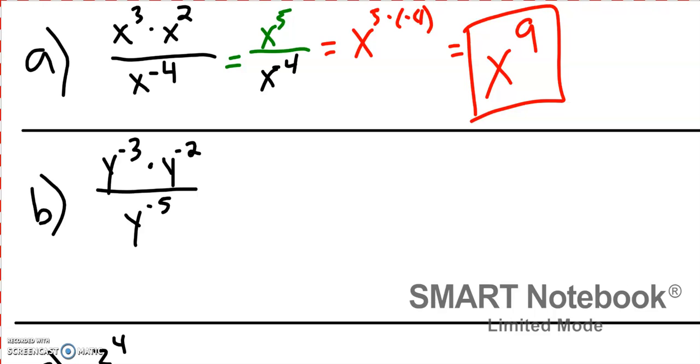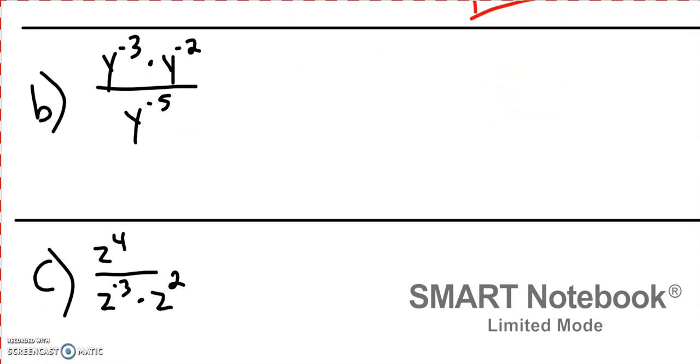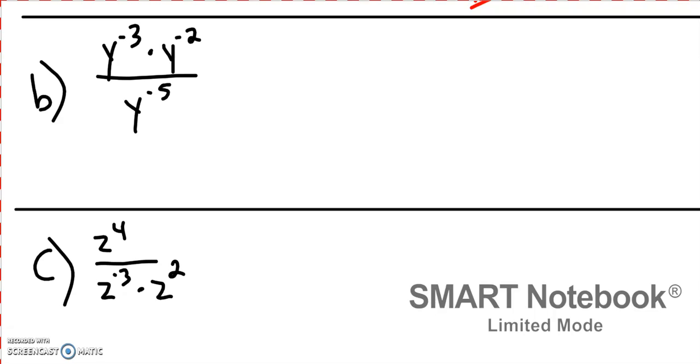Let's look at b, where for b we have y to the negative 3rd times y to the negative 2nd in the numerator over y to the negative 5th. Let's simplify the numerator first. Using the product property, negative 3 plus negative 2, I get y to the negative 5th over still y to the negative 5th. And you might say, oh, these are the same terms again.